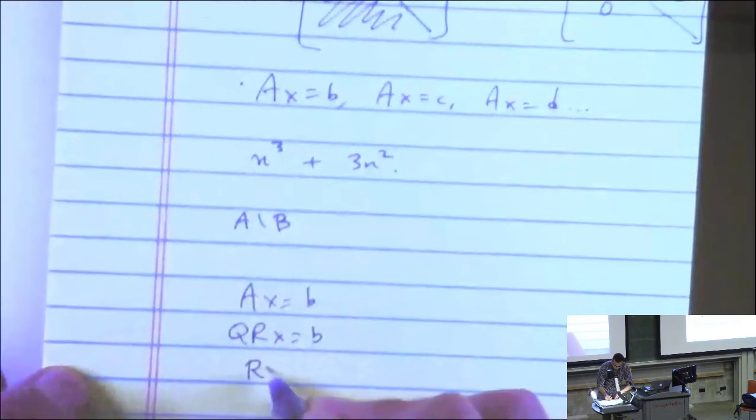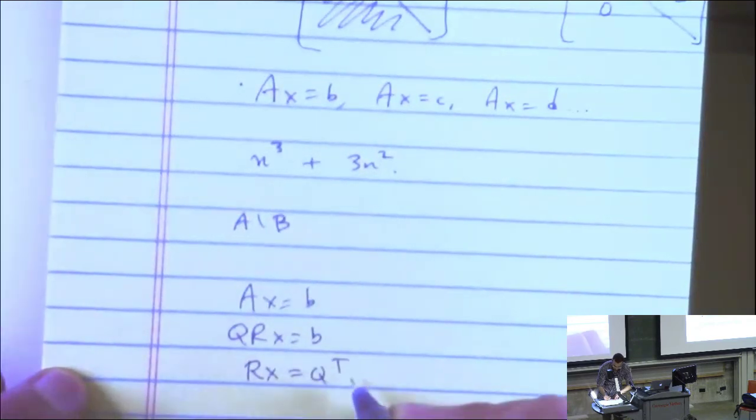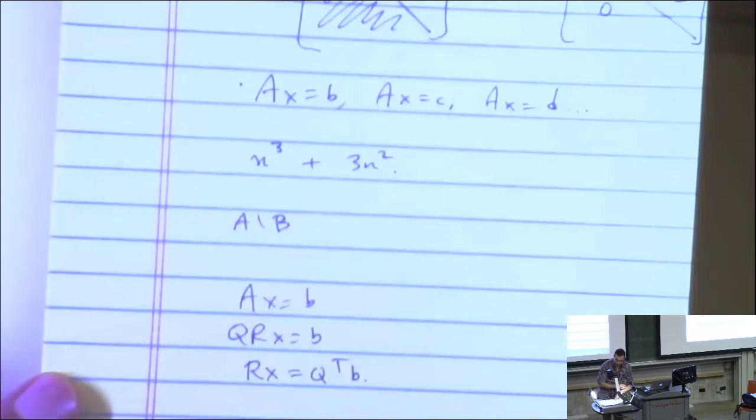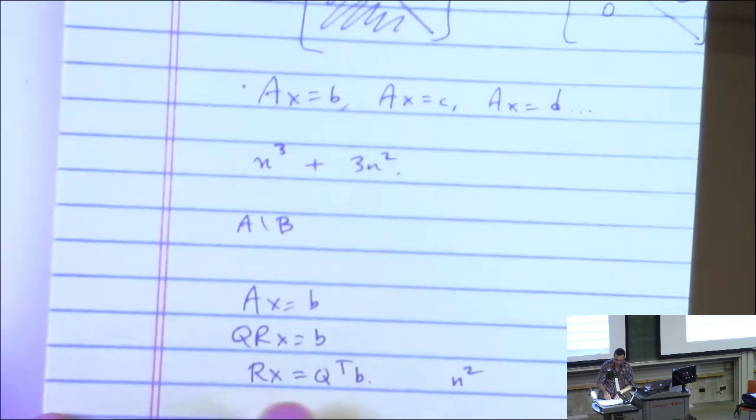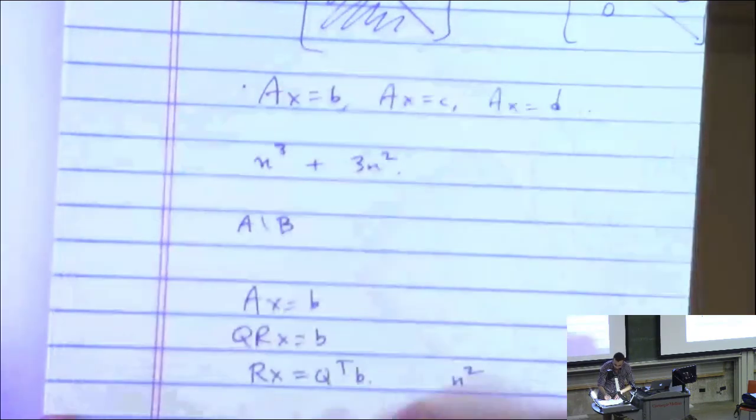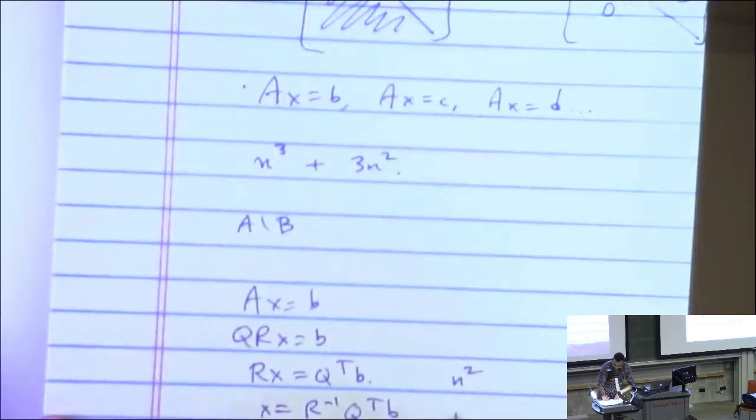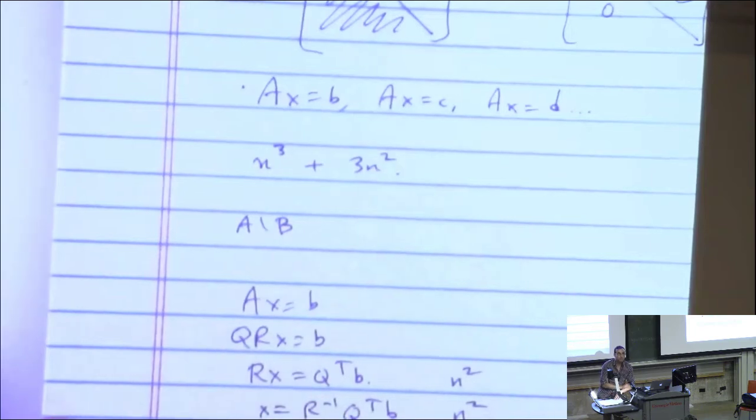We get R times X equals Q transpose B. That costs order n squared because it's a matrix vector product. And now this is an upper triangular system. I have R times X equals some vector, and R looks like this. So solving this, getting X equals R inverse Q transpose B, is again n squared. So that's the explanation for why applying the QR, after you've computed it, to solve a linear system costs order n squared.